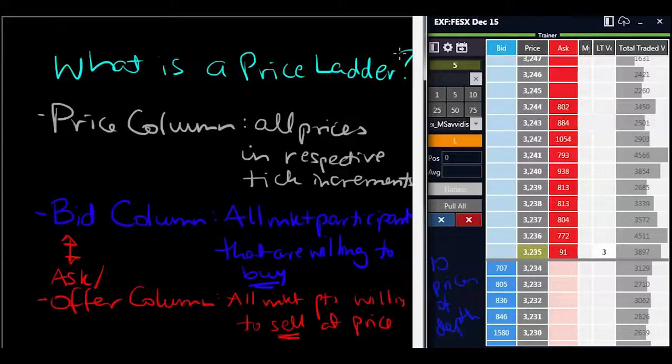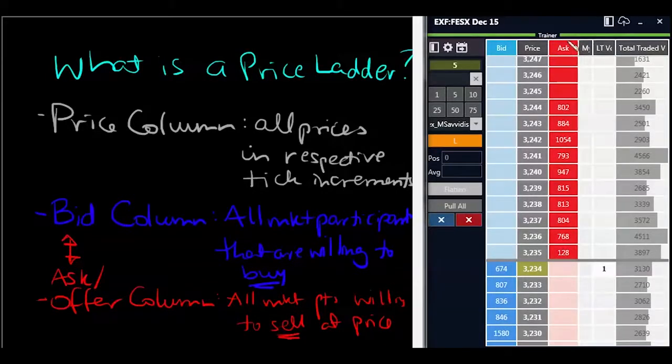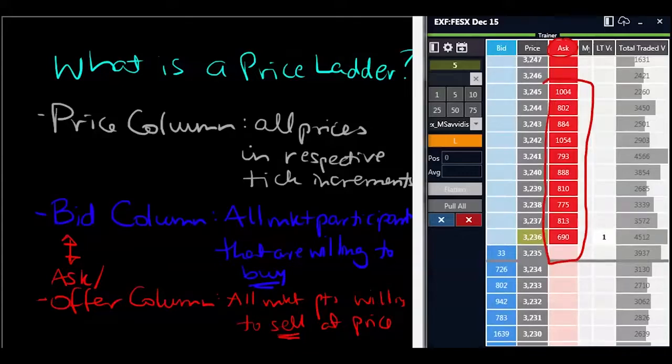So if we take a quick look over at the columns on the right hand side, you'll see the ask in here, and all of these market participants here are the ones that are willing to sell, with all the market participants here, all that are willing to buy.